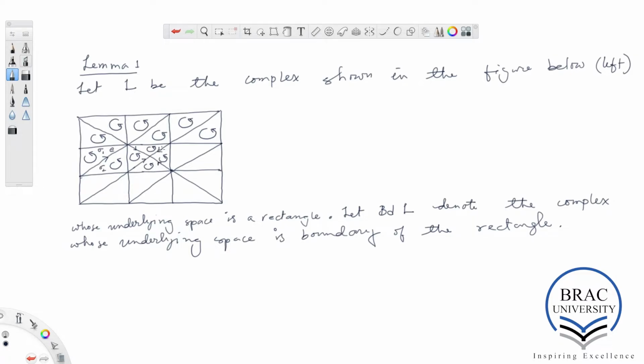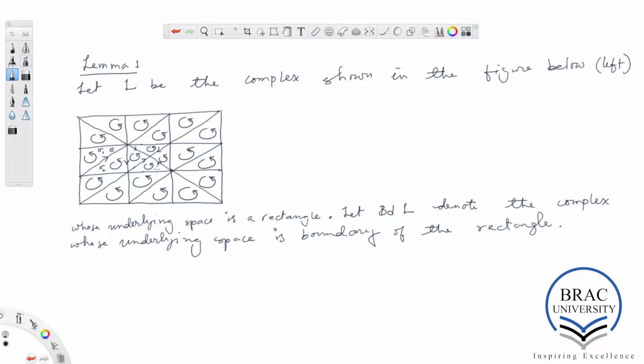These are the arbitrary orientations of the one simplices. So we have to preserve the orientation of the two simplices. Each of the two simplices has to be oriented counterclockwise, and the one simplices can be oriented arbitrarily. So these are the arbitrary orientations of the underlying one simplices of the central rectangle.